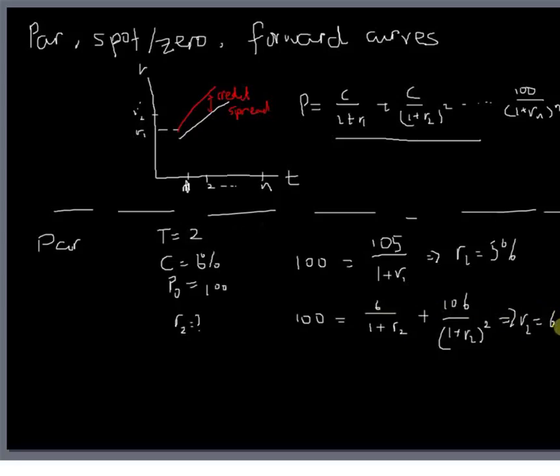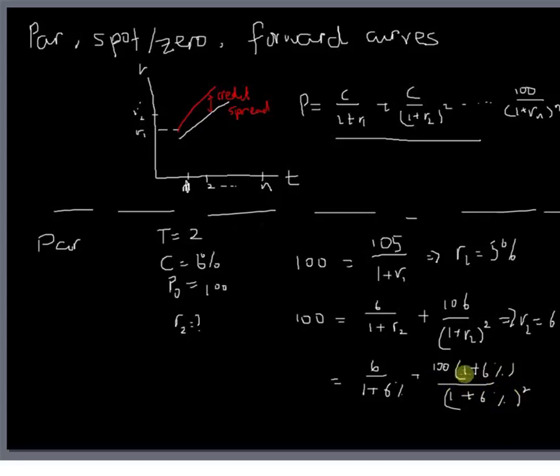Okay, so let me prove to you that R2 equal to 6 is the correct answer. You can write this thing as 6 over 1 plus 6%, plus, we write 106 as 100 into 1 plus 6%, over 1 plus 6% squared.